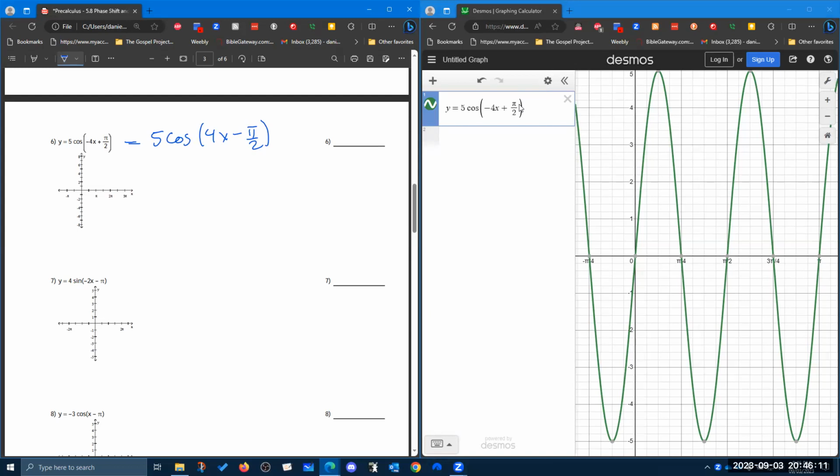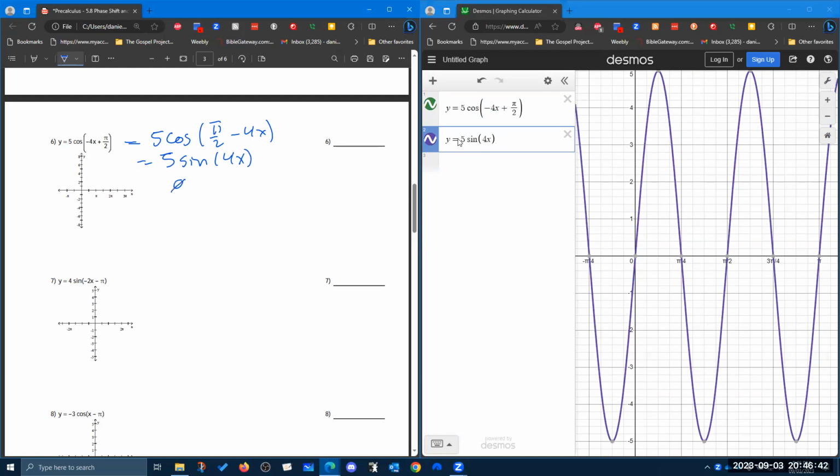And if I would have seen it that way, then that would have changed this into 5 sine of 4x. Let's just go ahead and write it that way. Look at that, that lies right on top of that. So that's a simpler function than this.